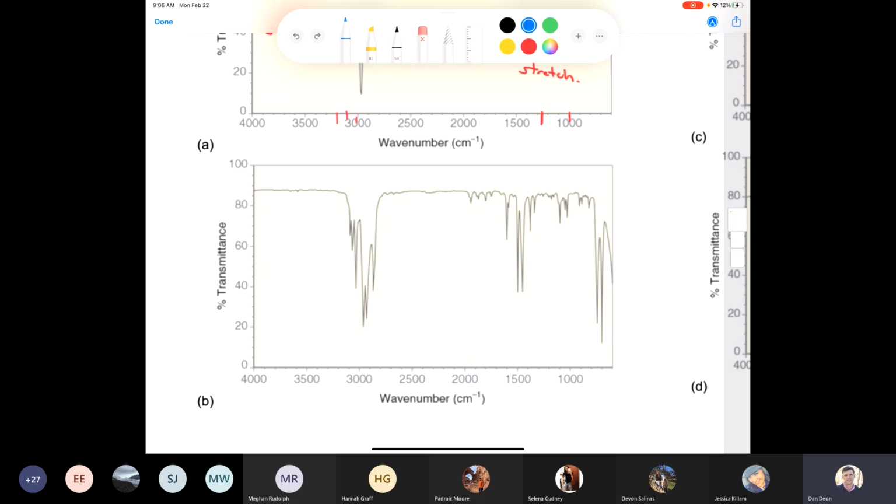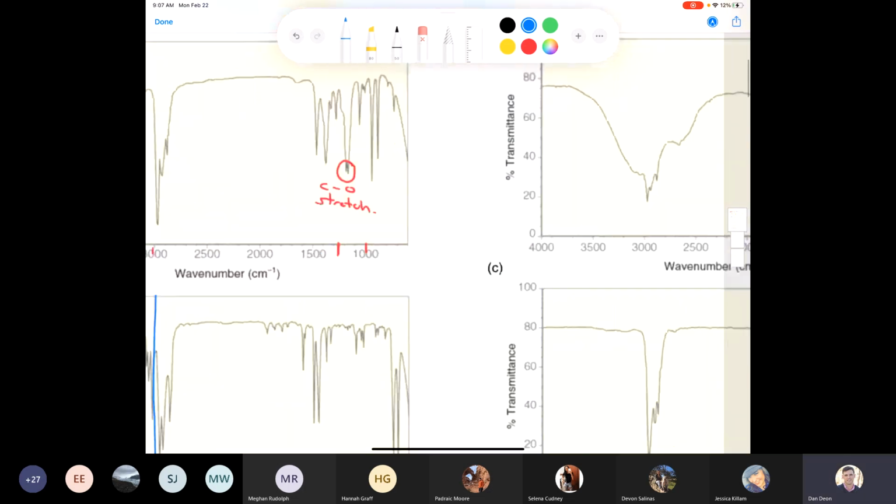Right, Jessica, you're all correct. Look, if you draw a line at 3,000, and Mr. Dion's not the best at drawing these kind of straight lines, but you can see there's no oxygen-hydrogen stretching up here. Therefore, the answer is neither of those. There's nothing up there.